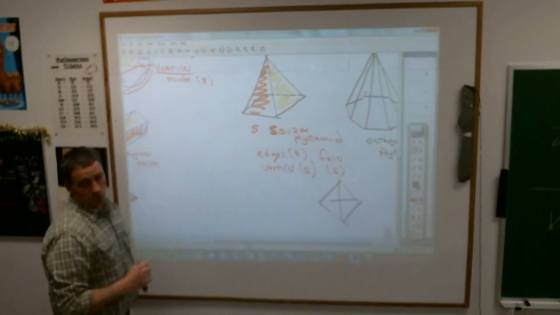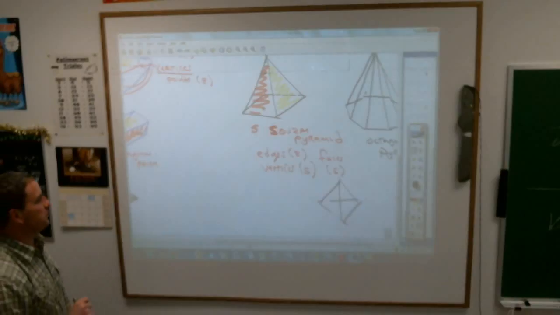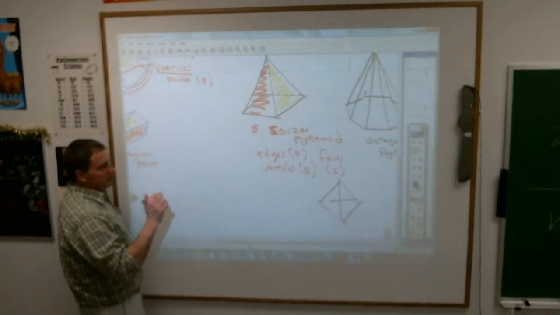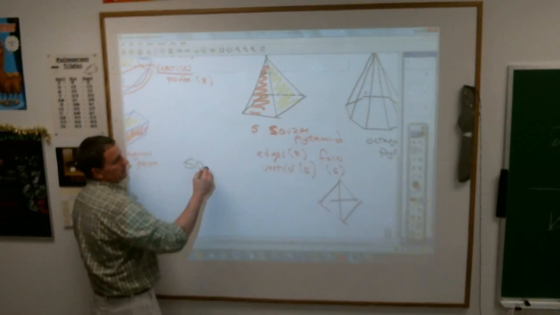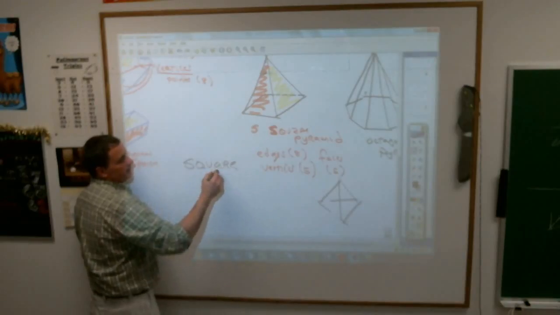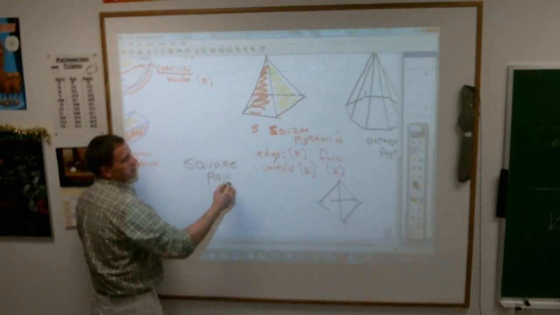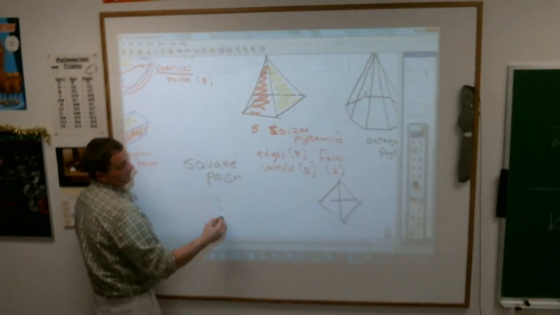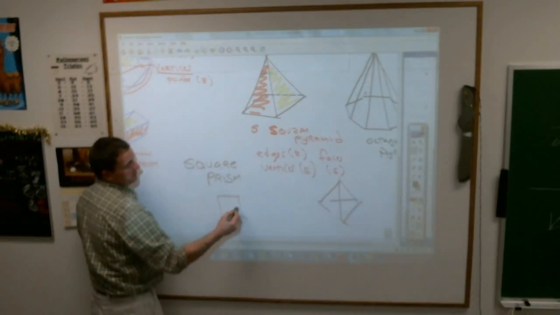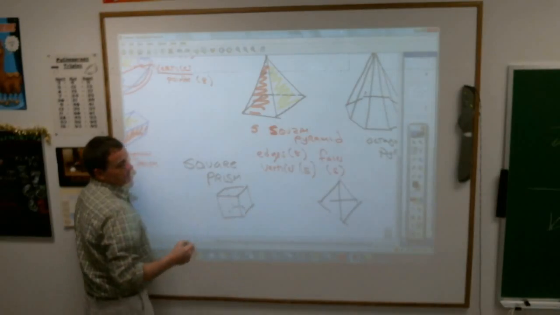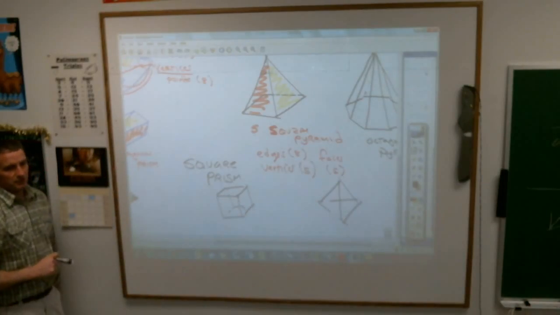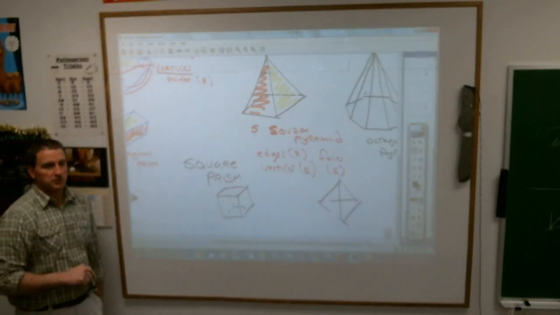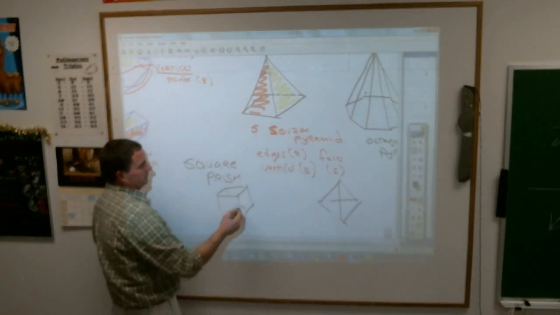Okay, the other specialized one we have to do, write this down, a square prism. We have a special name for it. If you have a prism that is made up of all squares, and it's not a dice or a die, what is the special name for that, Cameron?